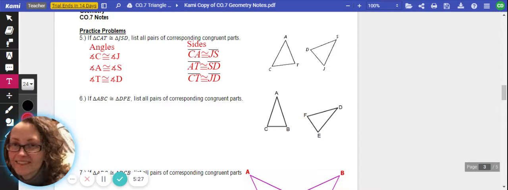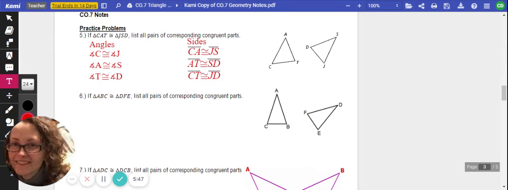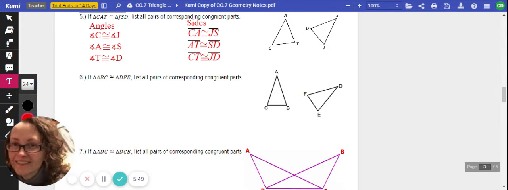So I did not look at these two triangles at all to determine these. I'm just going with the order of the notation. That notation will tell me this critical order of what angles match with which angles, and therefore which sides match with which sides. So I'm going to go ahead and do the same thing for number 6.